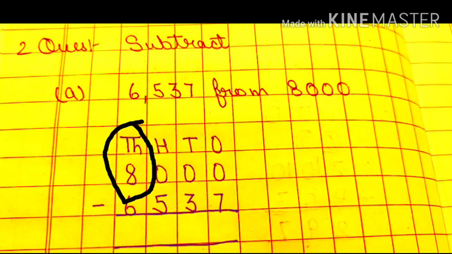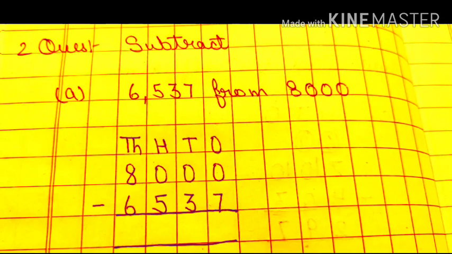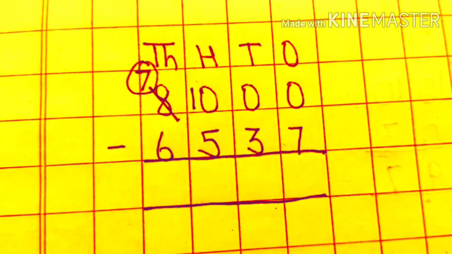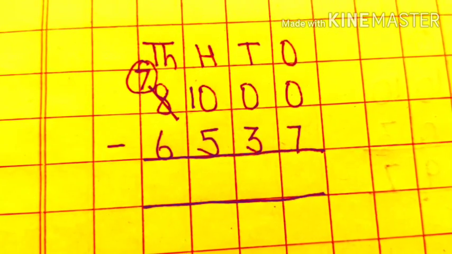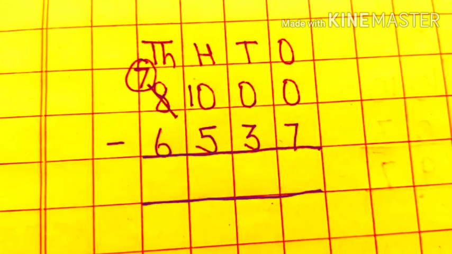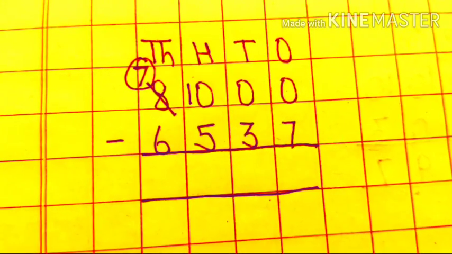Now 1000 is ready to give one number to 100 place. Now what will he do? He will reduce one number from itself and it will become 7, and he will give one number to 100. Now one number in a 100 place we will add like this.